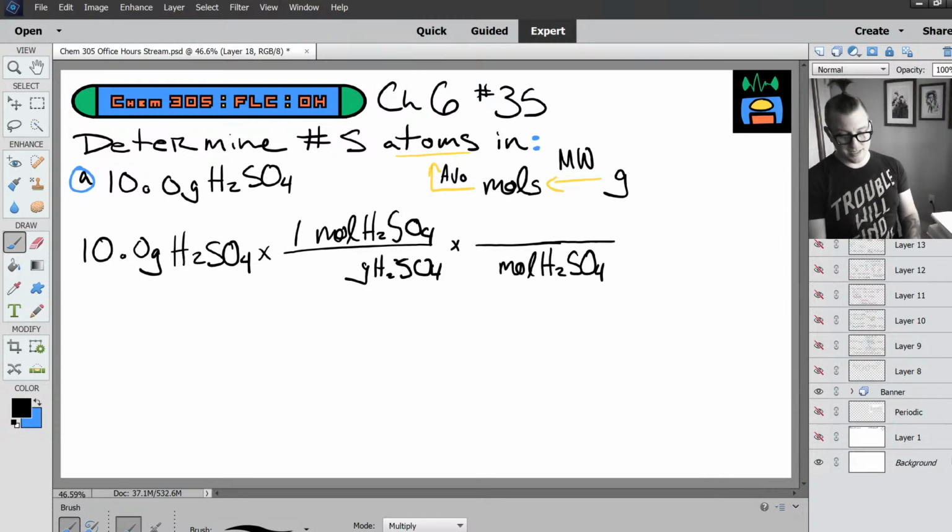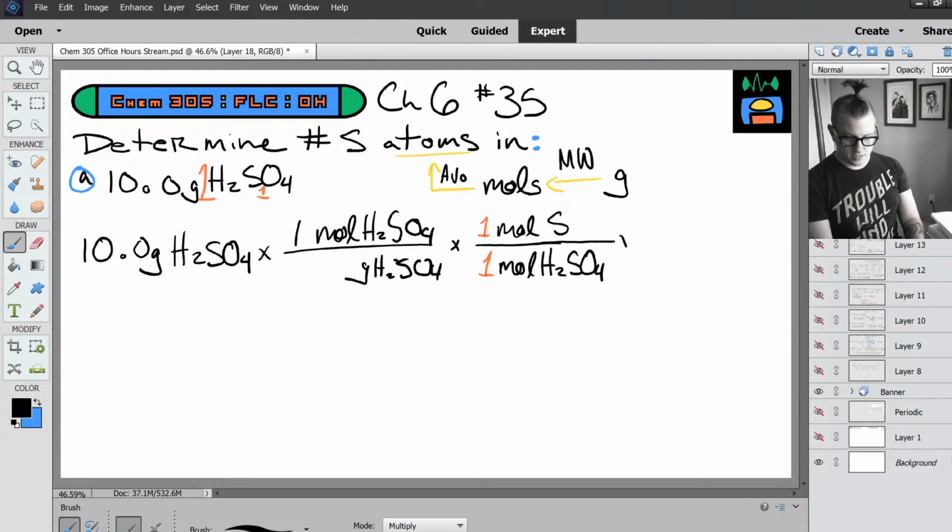But this problem's asking for atoms of sulfur. So we need to convert from moles of sulfuric acid to moles of just sulfur atoms. And this ratio we get from the chemical equation. 1 mole of sulfuric acid contains 1 mole of sulfur atoms.